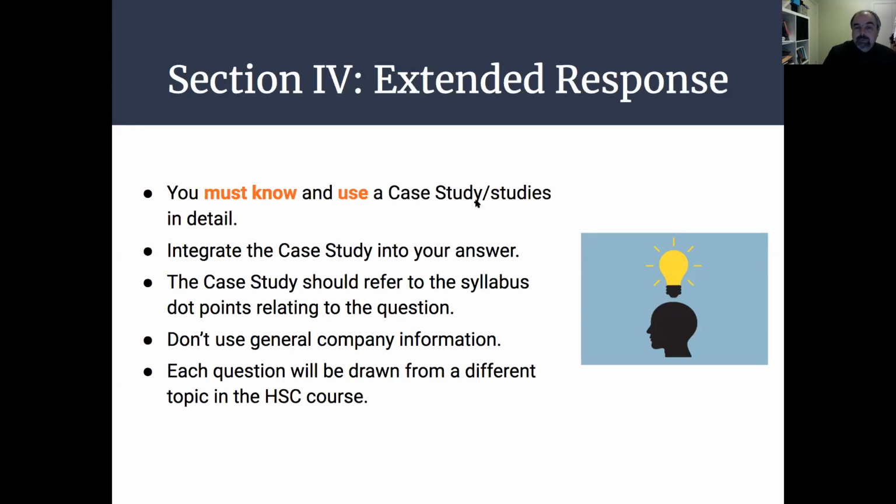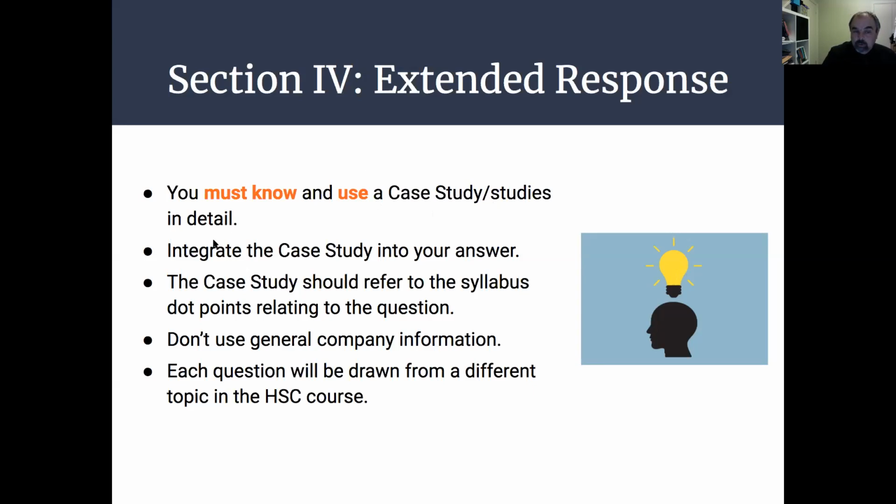It's the same with the case study or extended response. No mention or hint of a case study, you're really going to restrict being able to access more than a C range response. So just make sure that you're using the case study.